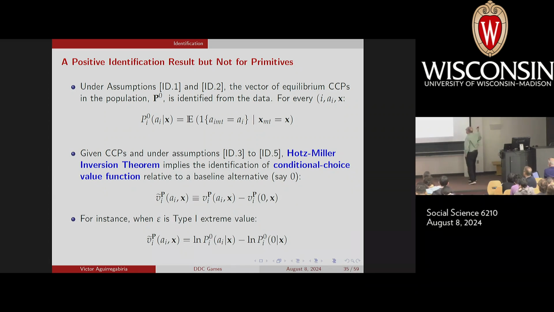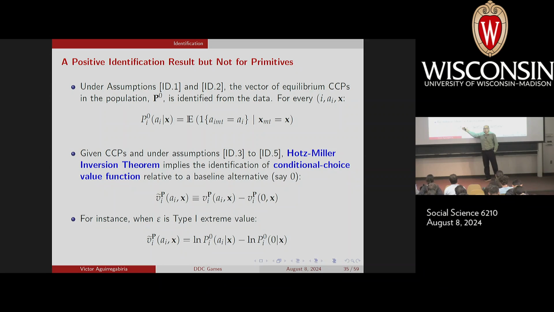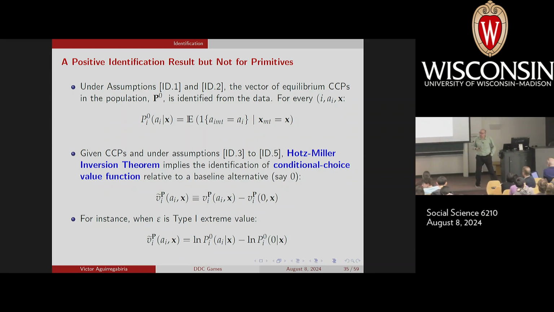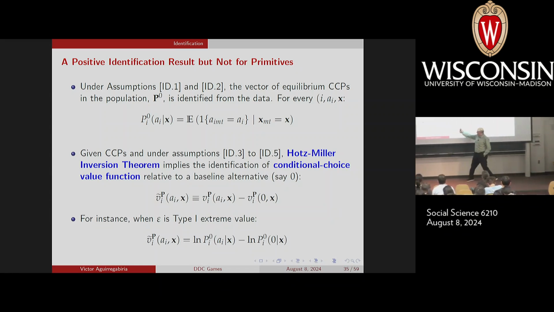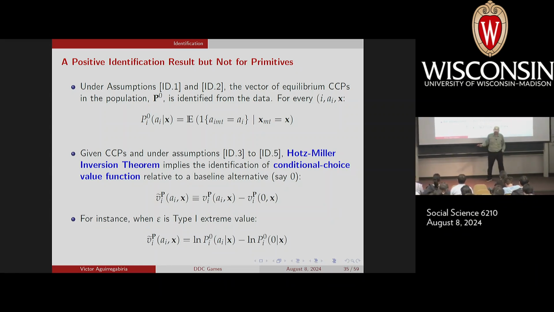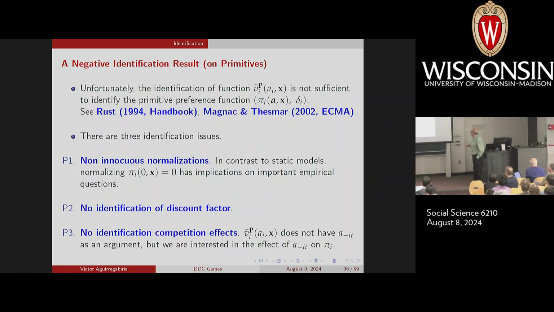And the Hotz-Miller inversion theorem says that given choice probabilities, we can recover conditional choice value functions. And we have identification of this, okay? Unfortunately, this is not enough. Once we have identified this, it is not enough to identify the primitives of the model, okay?